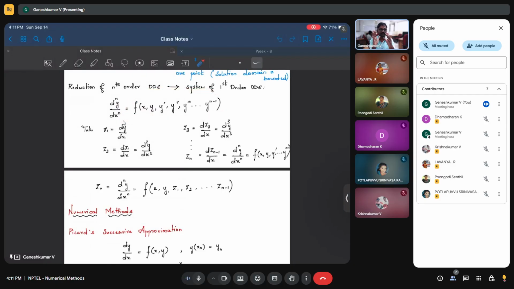Okay, so all these things you can convert and write as a matrix. You can write it as d capital Z by dx is equal to some capital F, where capital F includes z1, z2, z3, z4 and so on, and you apply the Euler method for that.